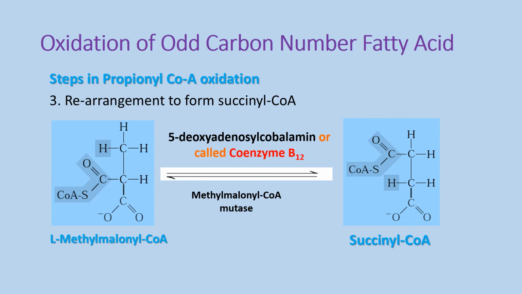This rearrangement is catalyzed by methylmalonyl-CoA mutase, and this step requires a coenzyme, 5-deoxyadenosylcobalamin, or simply you can say it's coenzyme B12. This coenzyme is derived from vitamin B12, cobalamin, and it converts L-methylmalonyl-CoA simply through rearrangement into succinyl-CoA. So this is the third step.